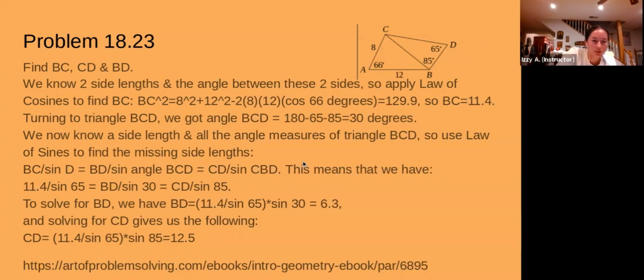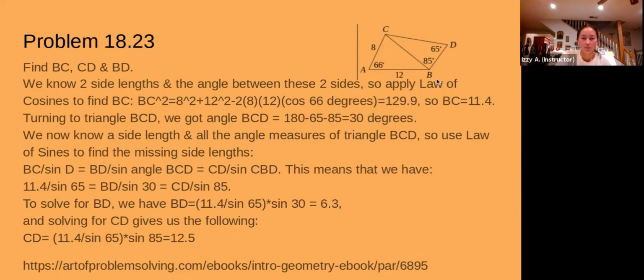Turning to triangle BCD, we got angle BCD, which is equal to 180 minus 65 minus 85, which is 30 degrees. So we now know a side length and all the angle measures of triangle BCD, so we use law of sines to find the missing side lengths. And this is where I would say it's simpler compared to law of cosines.